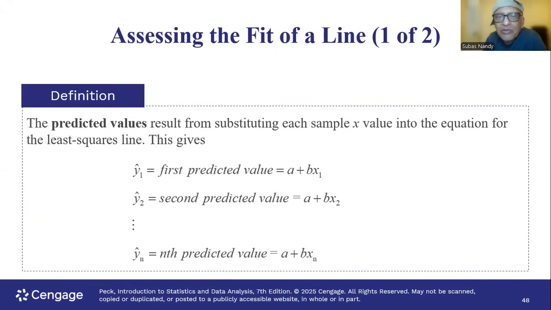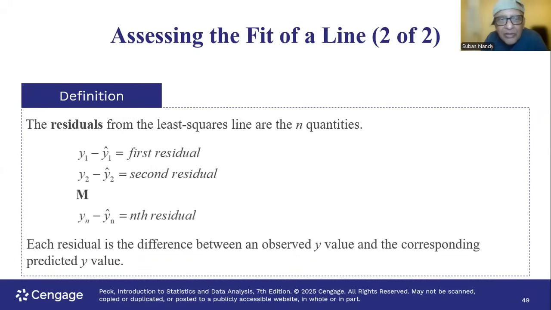The predicted values result from substituting each sample x value into the equation of the least squares line. So the distance between the actual y1 value and the predicted y1 value, actual minus predicted, is the first residual. Each residual is the difference between an actual or observed value minus the predicted value.